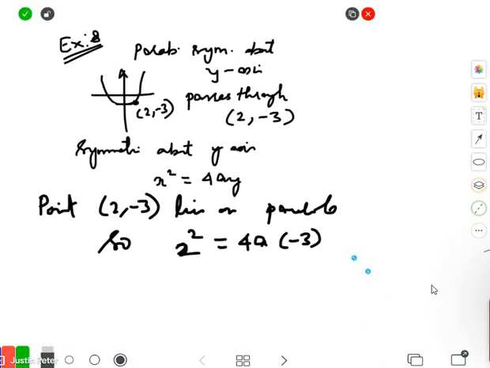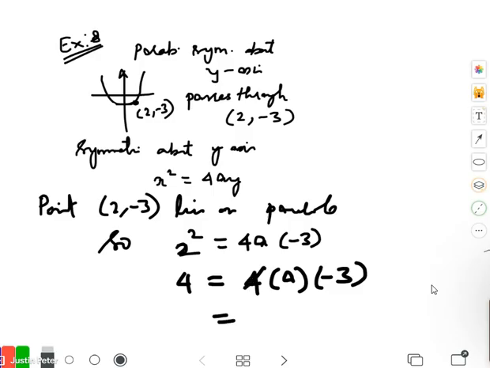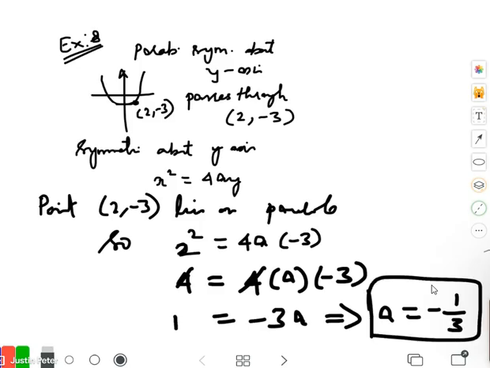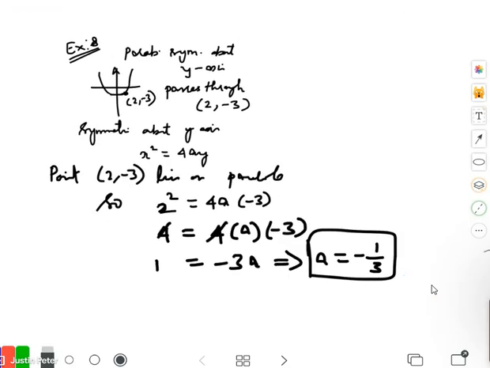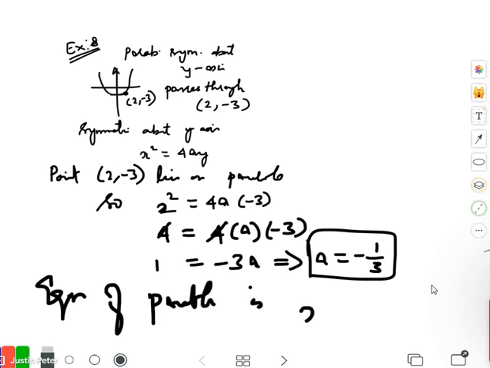So what is the unknown here? Minus 3 is equal to 1, or a is equal to negative 1 by 3. So what will be the equation of the parabola here? x square is equal to 4 into a, with a being negative 1 by 3, times y, so x square is equal to negative 4 by 3 y.